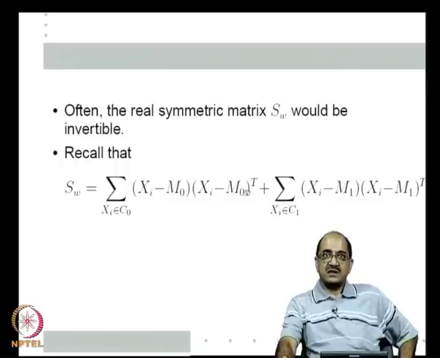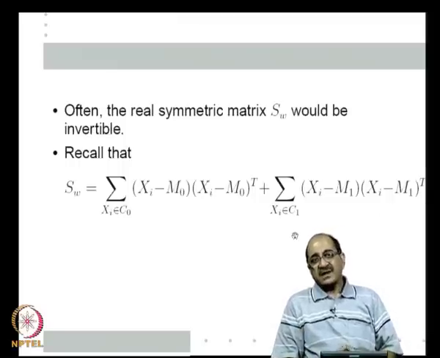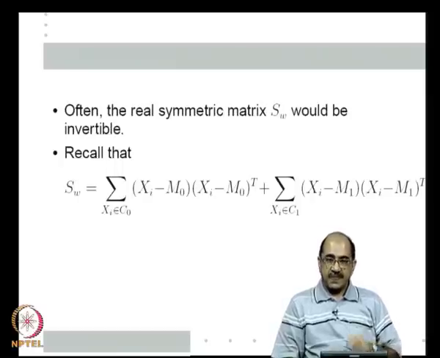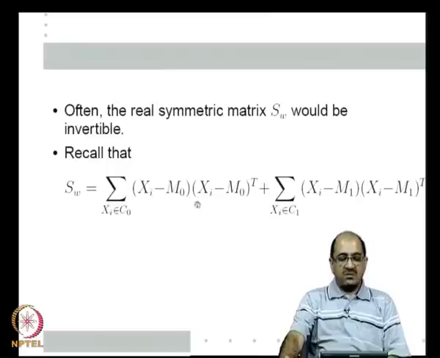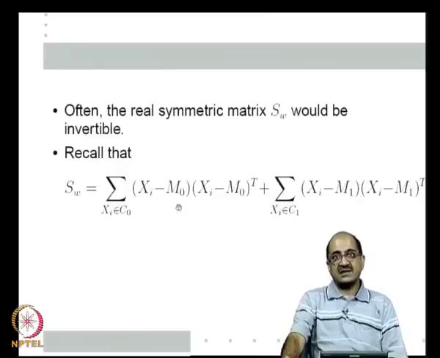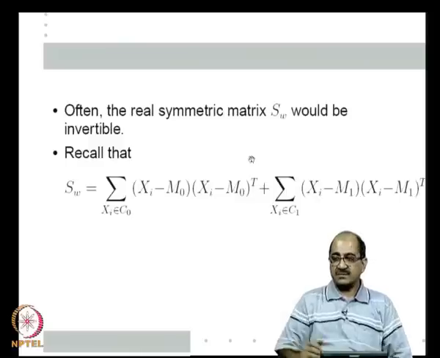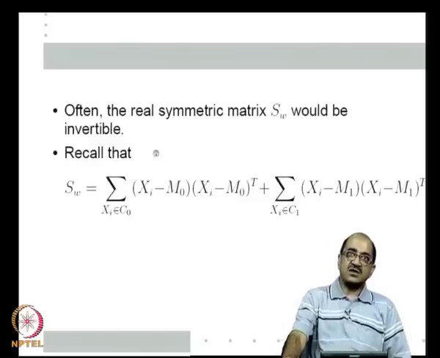Xi minus M0, Xi minus M0 transpose, summed over Xi belonging to C0, plus Xi minus M1, Xi minus M1 transpose, summed over Xi belonging to C1. There are at least two reasons why we can suspect that this matrix is invertible. One is, we know for each i, Xi minus M0 into Xi minus M0 transpose, an outer product, is a rank 1 matrix. So this adds a lot of rank 1 matrices.